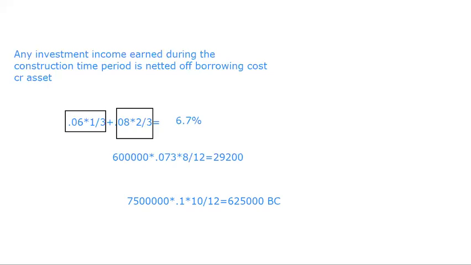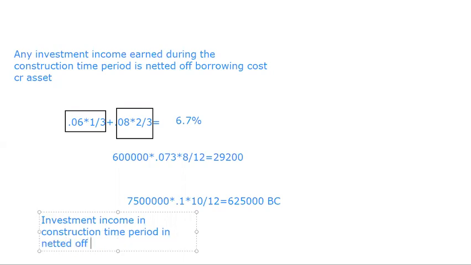So investment income in the construction time period is netted off. That is 2 million into 0.045 into the construction time period, February, March, and April, 3 months, into 3 divided by 12.